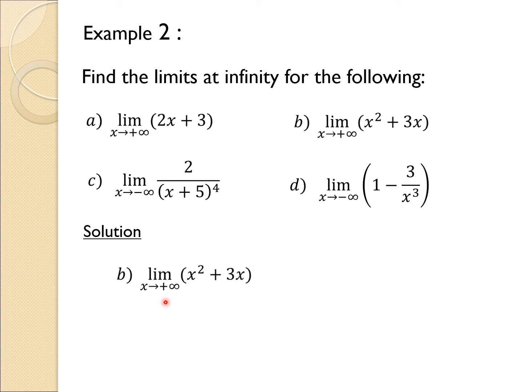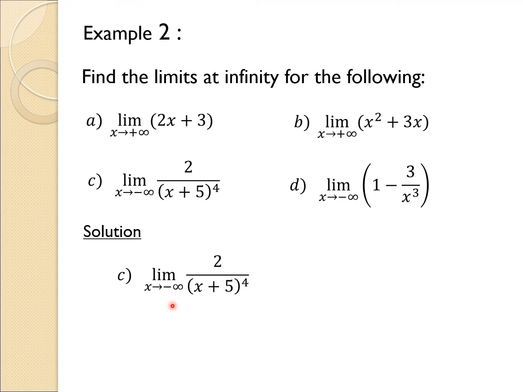B, limit as x approaches positive infinity of x squared plus 3x. When you substitute, you get infinity squared plus 3 times infinity. Infinity squared, you get infinity, plus 3 times infinity, infinity. Infinity plus infinity equals infinity.